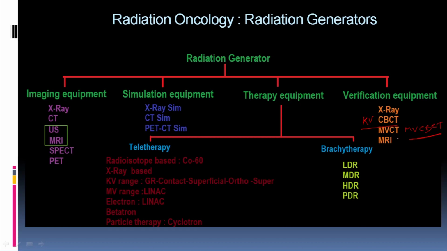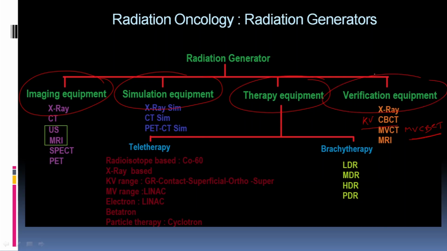So the radiation oncology department has imaging equipment, simulation equipment, therapy equipment, and verification equipment. In imaging equipment we use X-ray, CT, ultrasound, MRI, SPECT and PET, but these two, ultrasound and MRI, have added advantages. They do not involve any type of ionizing radiation, which is very useful, as we know that ionizing radiations are hazardous to the human body.